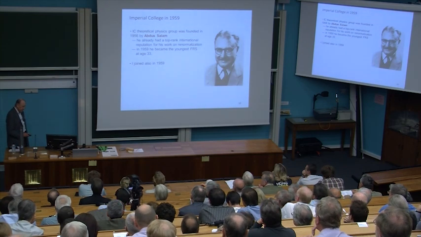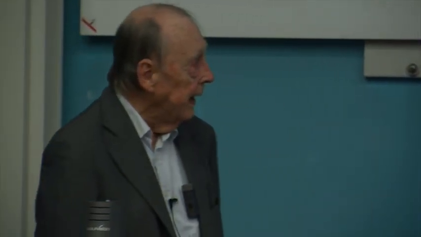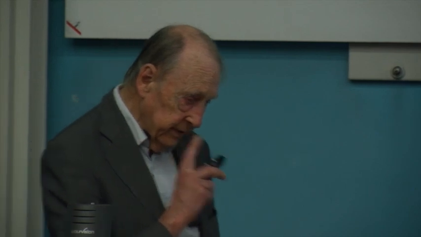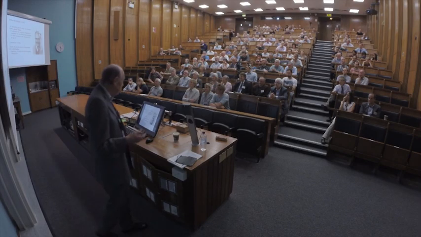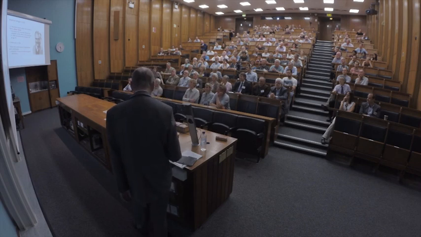It was a really exciting group to join. There were lots and lots of visitors who came because of Salam's reputation. And he had a great interest in two things, symmetries of elementary particles, and unification, especially, as I will tell you, about weak and electromagnetic interactions.